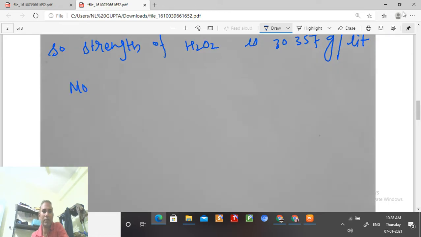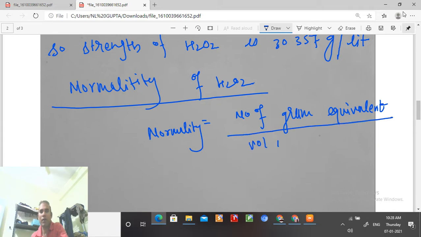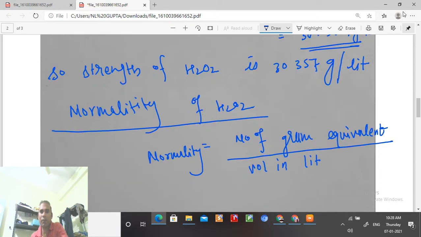They are asking the normality of H2O2. Normality is equal to the number of gram equivalent divided by volume in liter. Firstly, you see here this is 30.357 gram per liter, so 1 liter is there.